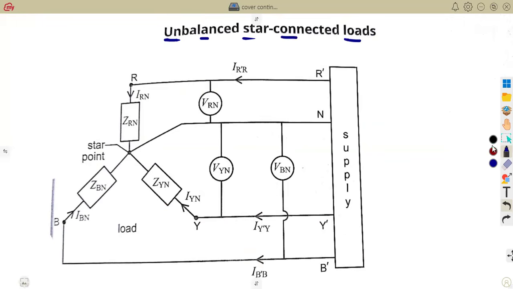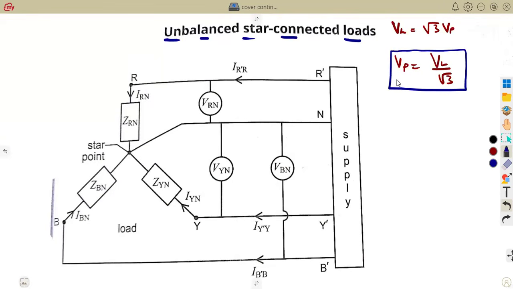As for the star connection, we understand the consideration of the voltages. The line voltage is equal to the square root of 3 times VP, which is the phase voltage. So we can determine the phase voltage, VP, as the line voltage divided by the square root of 3, by making this the subject of the formula.